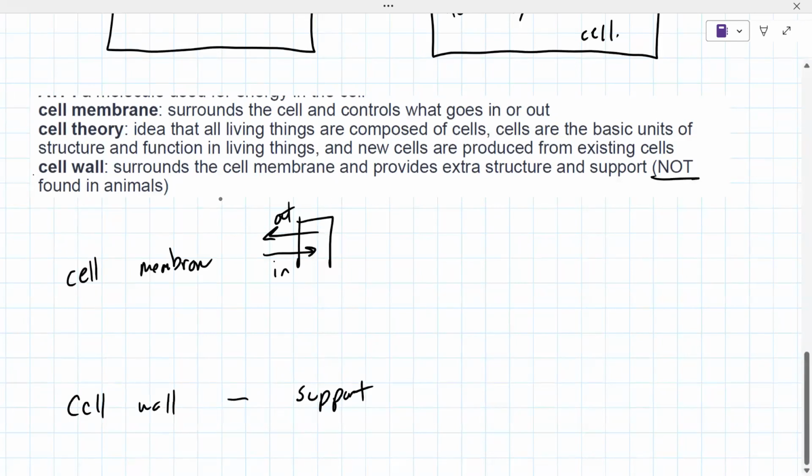Okay, now what is this last part here? Cell theory. No, what did I underline? Not found in animals. Yes, so that's very important. That's probably something that will come up on your test. Your teacher will ask you a question like, in what organism are you unlikely to find a cell wall? And one of the answers will be animals.